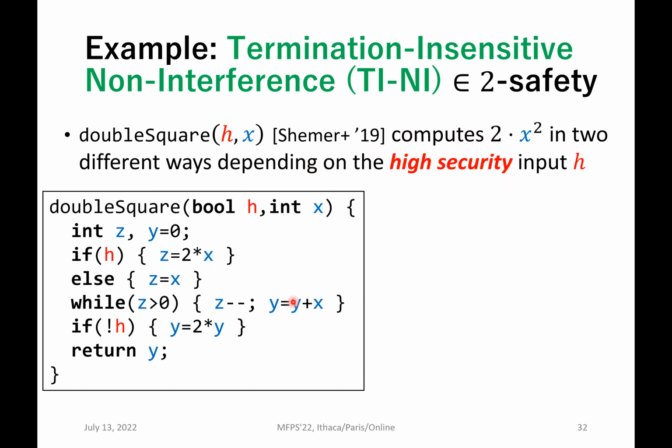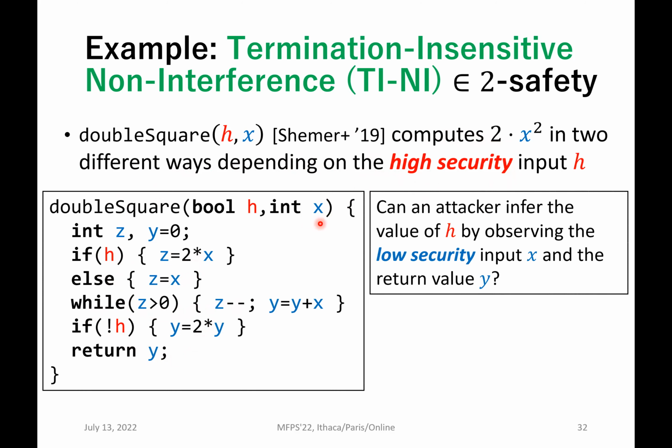Please note that the number of loop iterations depends not only on x, but also on the high security input h. But the output value coincides if the inputs to x are the same.